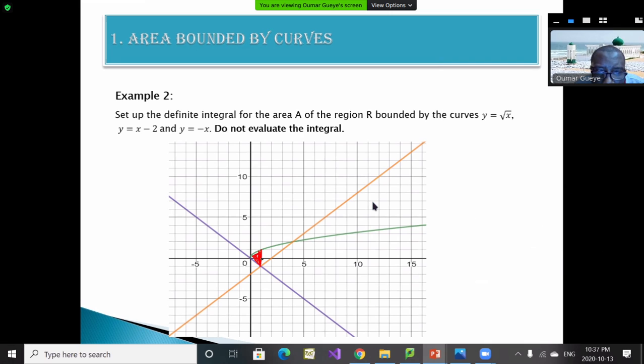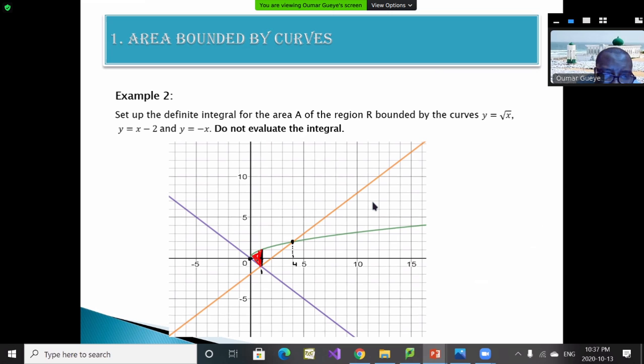So this point is 1 here. So here is 0. And as you can see, this is 1, because 1 squared is just 1. And this point is 4. So here is 1. Right? So you guys can see we split it into two areas.